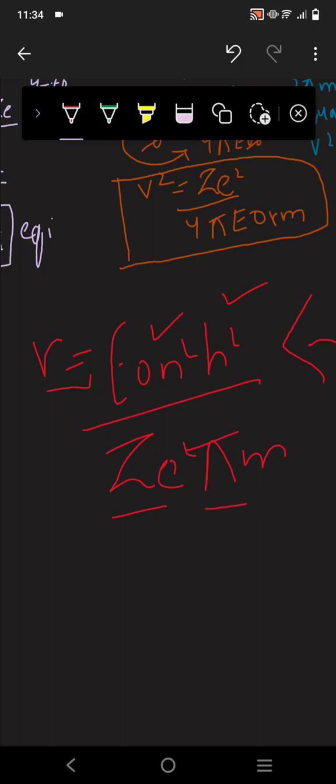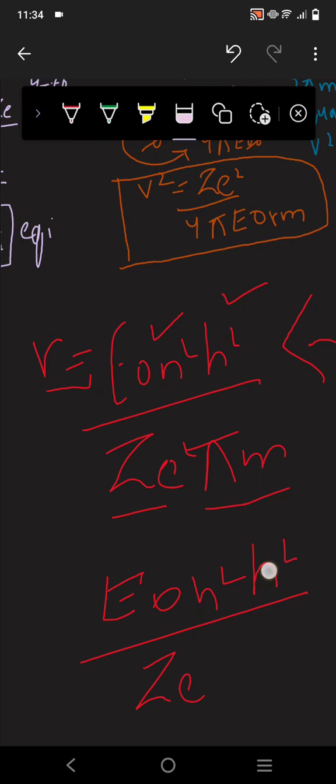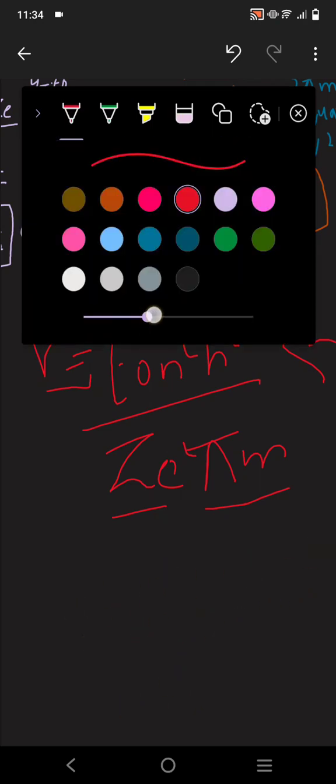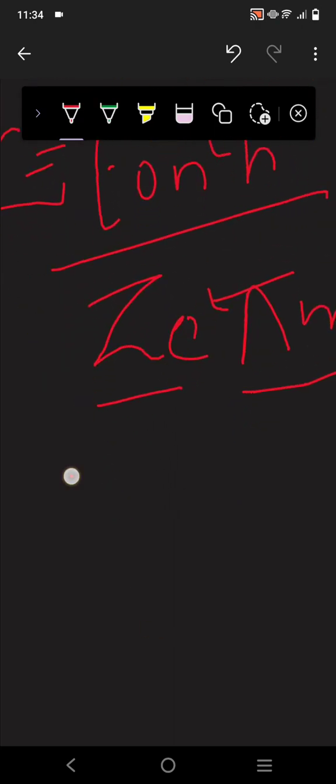Then we have pi, which is constant, mass is also constant, so epsilon naught h square and n square, n is gonna be the constant.